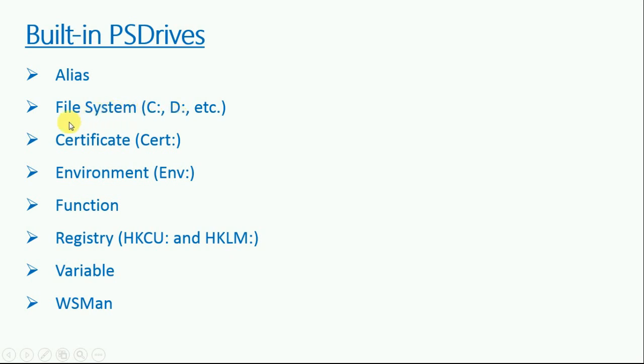After that we have certificate drive, environment drive, function drive, and registry. In registry again we have two drives: first is HKCU and the second one is HKLM. And after that we have variable drive and WSMan drive.